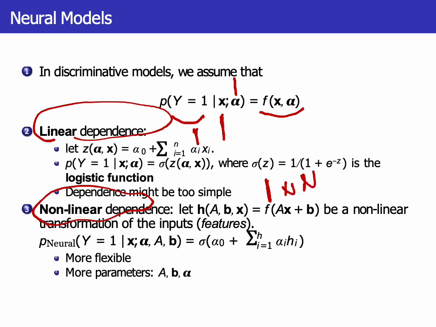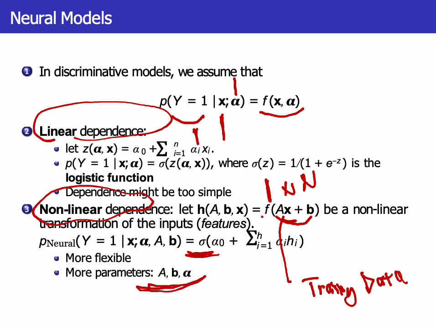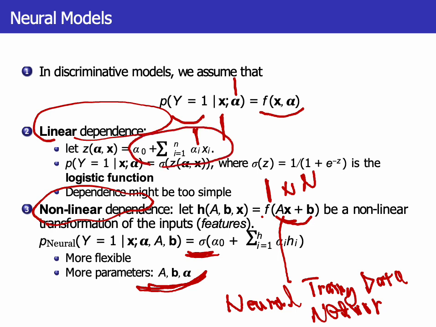Here x is the training data, and you get sigma here, and you just try to optimize the parameters in your neural network models.